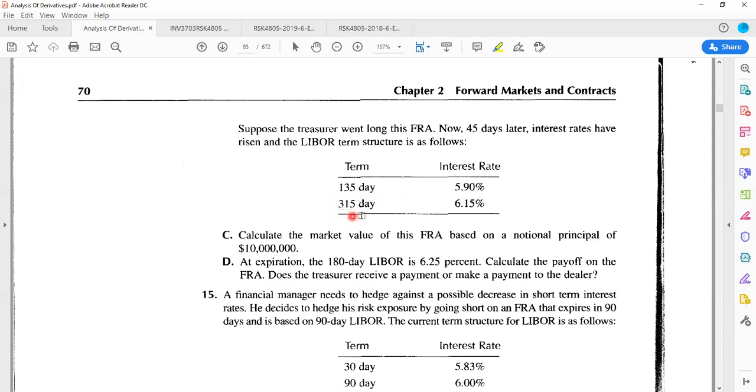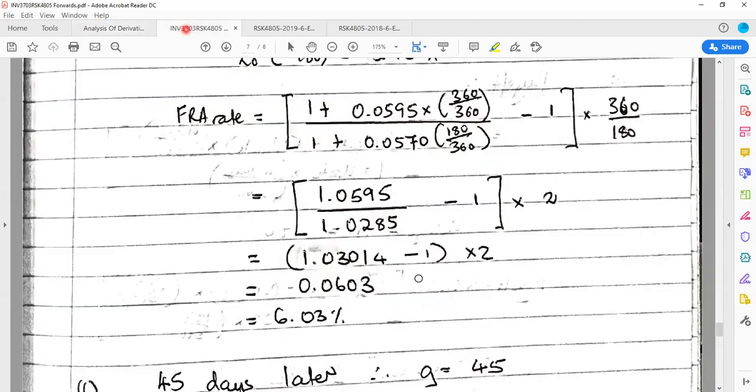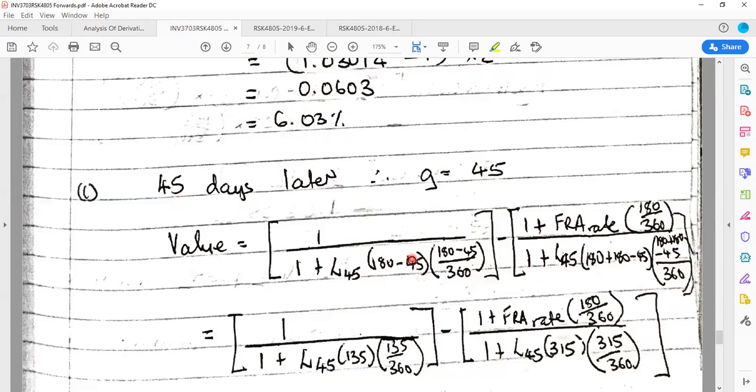To borrow money for 315 days is 6.15%, right? And then you are being asked to calculate the market value of this forward rate agreement based on a notional principal of 10 million. So to calculate the value of the contract 45 days later, I've already substituted here, but we use this formula.